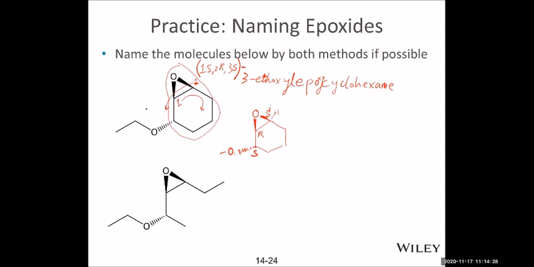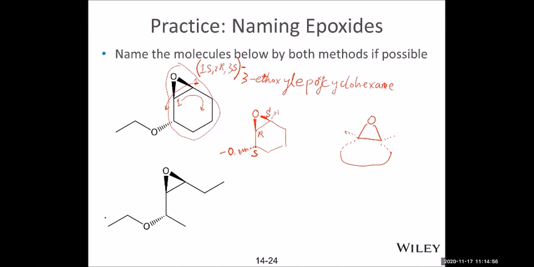By the way, this compound we cannot name as oxirane, because for oxirane we base it on the epoxide structure. This would be the oxirane, and we need to have the substituents separated, not linked together. If these two link together, it would not be possible to name. And so we don't name this using the oxirane way.